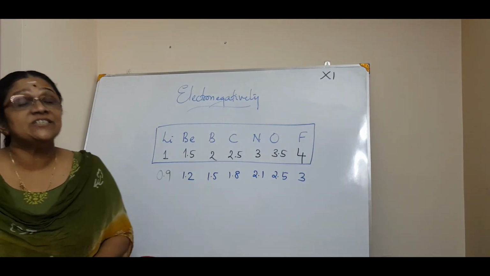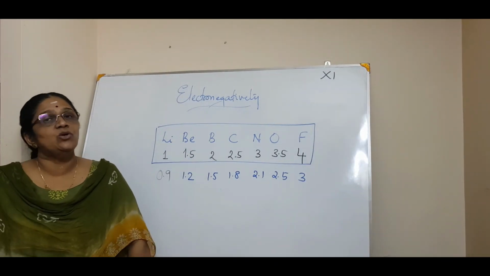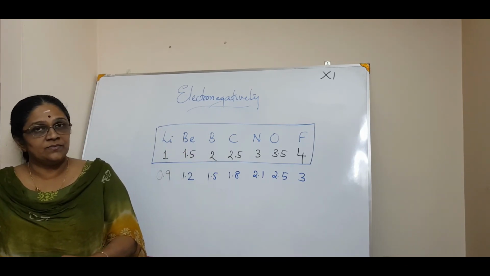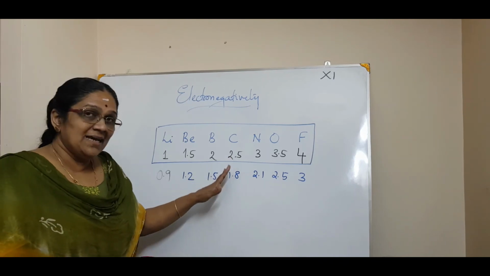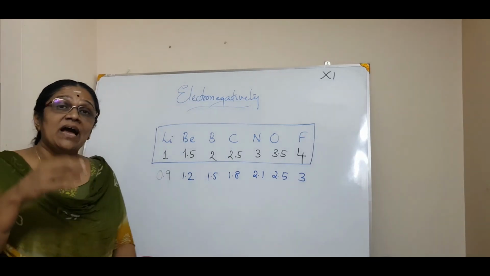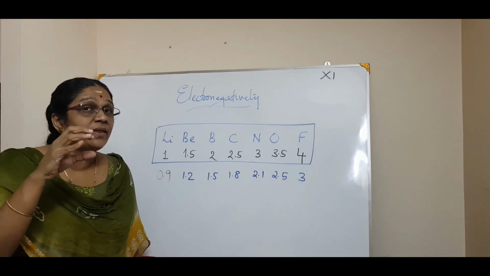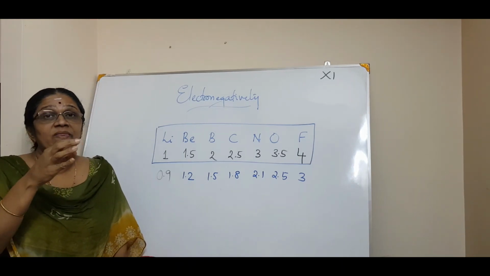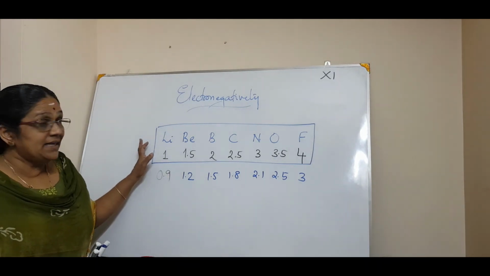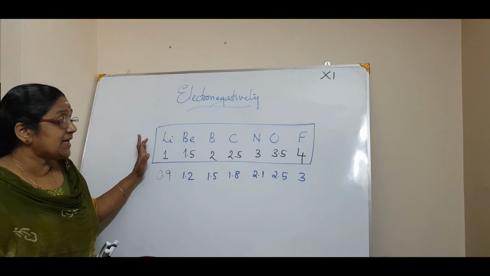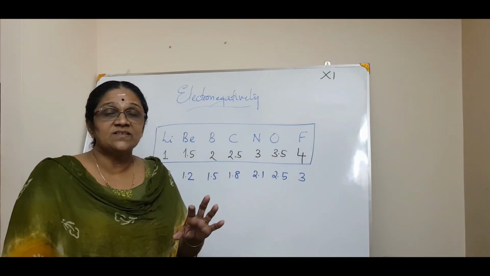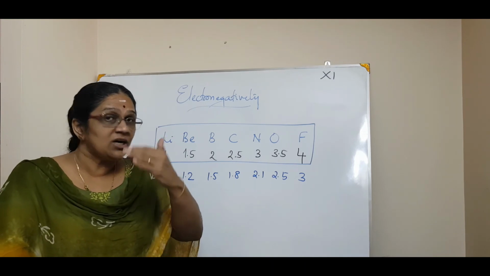Now we will see how the trend goes, along the period as well as in the group. As a general rule, the electronegativity value has very good agreement with the atomic radius. Atomic radius decreases from left to right in a periodic table because the effective nuclear charge increases.